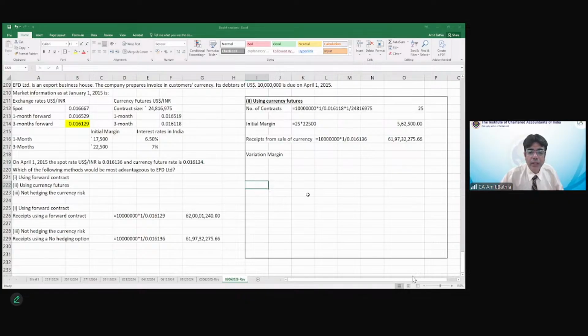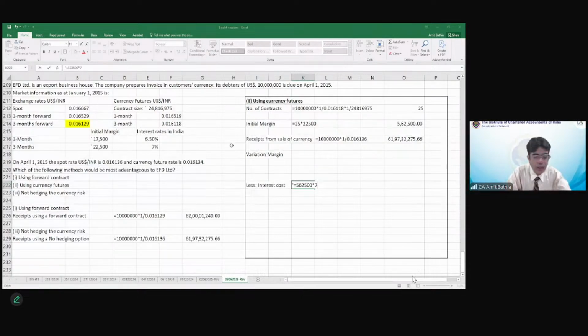Now what I am going to do is the easier part first. What is that easier part? Interest cost. Interest on what? Initial margin. Yes, initial margin, into at what rate? 7%.